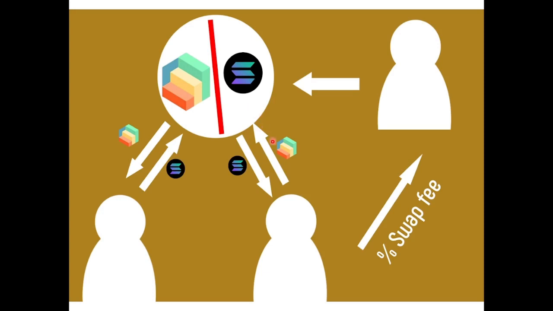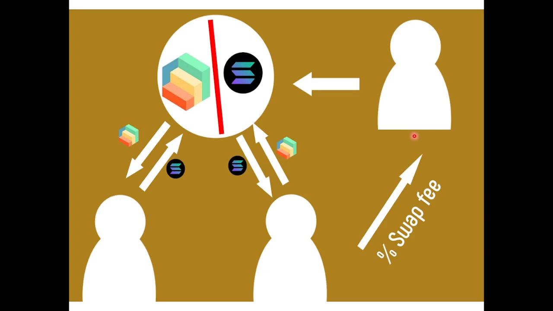When you swap between tokens, for example, you convert your Solana to Step tokens or your Step tokens to Solana tokens, you will discover that you pay what we call a swap fee. That swap fee is sent to the liquidity providers, and that is how they make their profit.